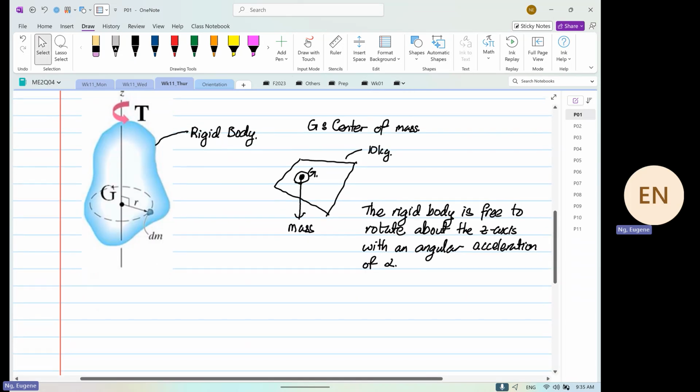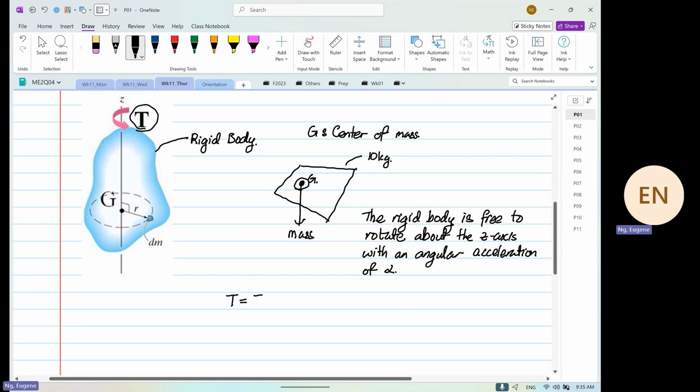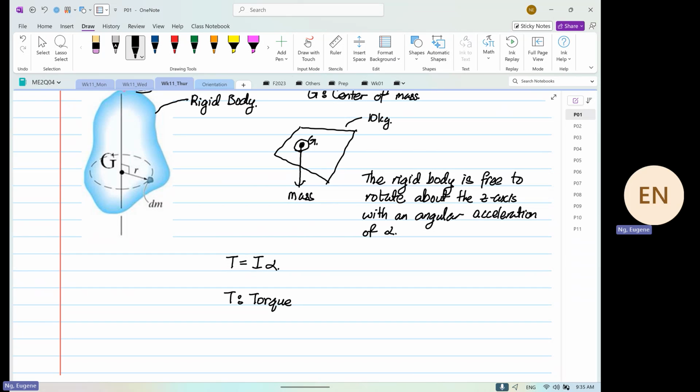So the formula that we want to use is T equals I alpha, where T corresponds to torque. I was told that you guys are learning torque now. Am I right? Those who are in 2P.